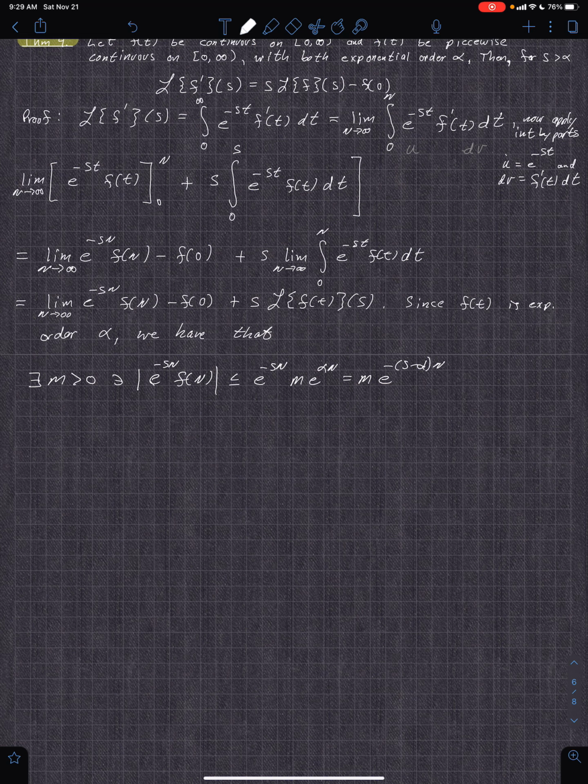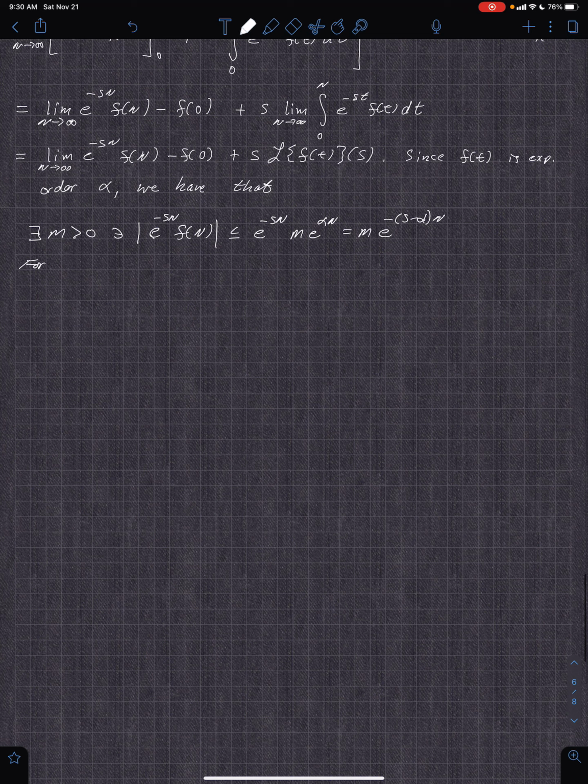So then when you take a limit, for s greater than alpha, we have that 0 is less than or equal to the limit as n approaches infinity of the absolute value of e to the negative sn f of n, which is less than or equal to, and so now I'm just taking the limit all the way across.